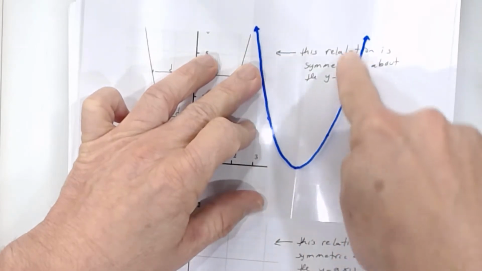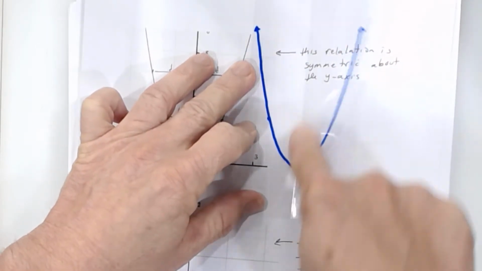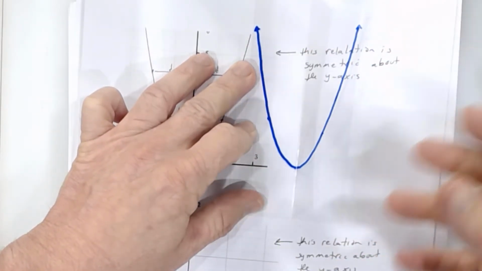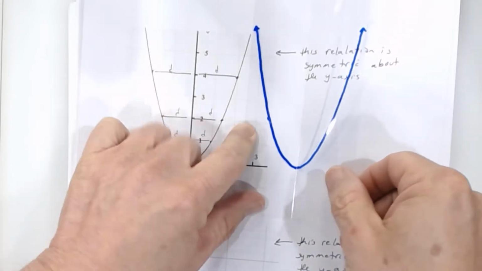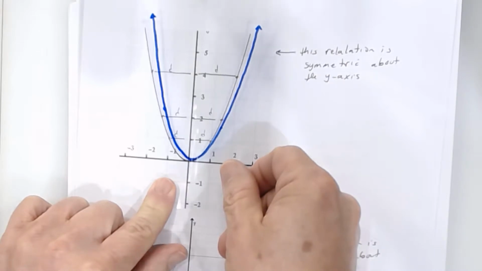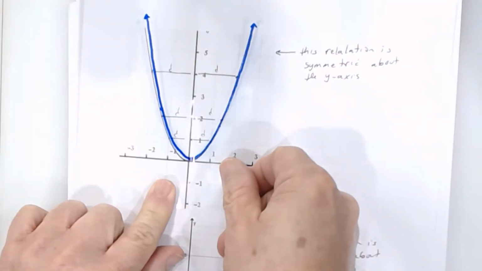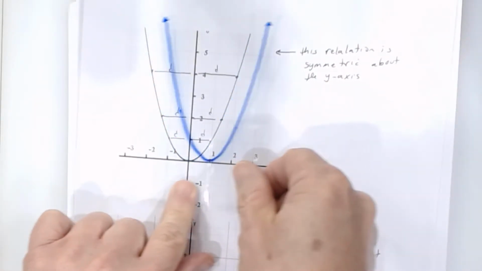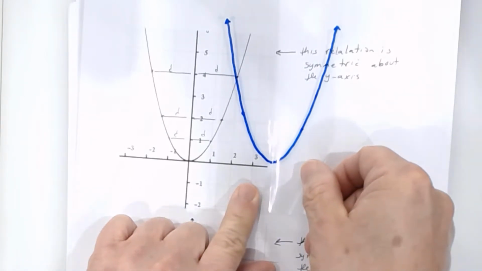So remember this is called a quadratic function, the parabola. All quadratic functions will have an axis of symmetry. It just so happens that here, what is the axis of symmetry? The y-axis.